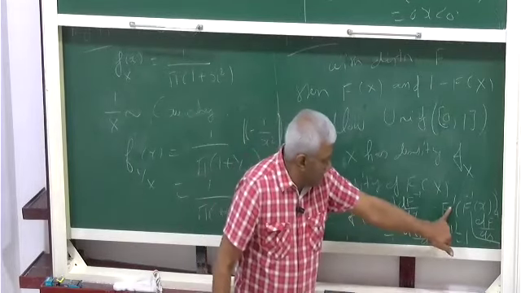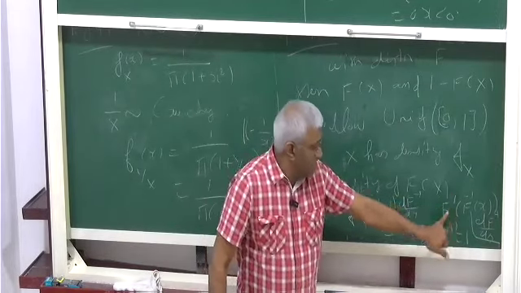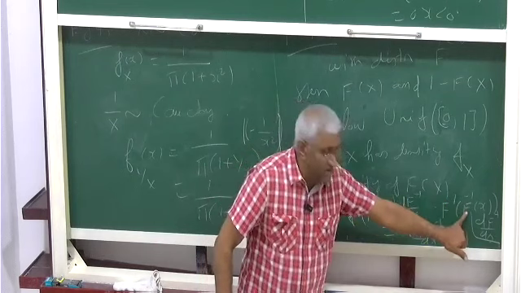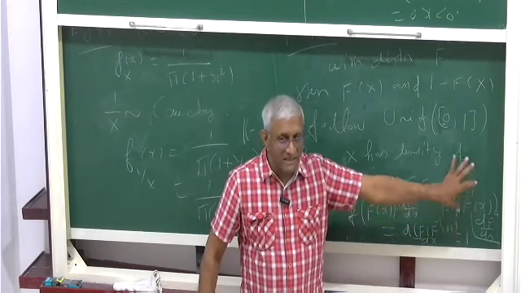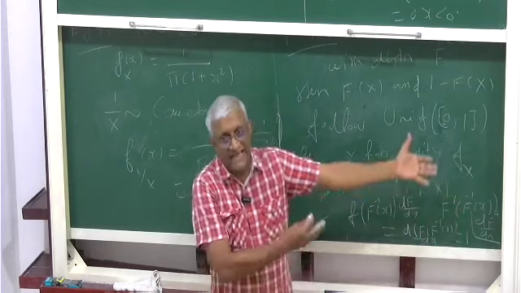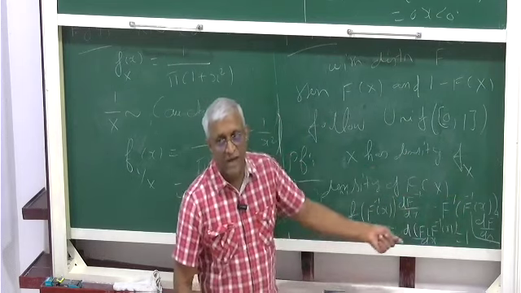This is f prime, this is just the derivative of f of f inverse, which is just x. So dx by dx is 1.